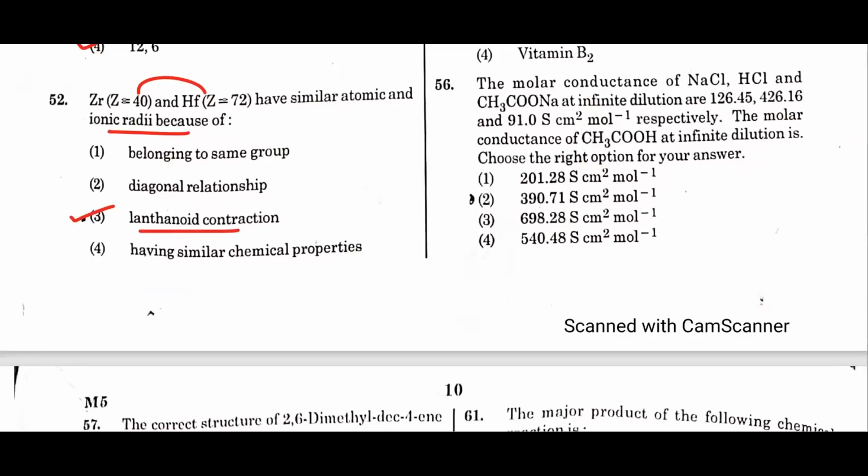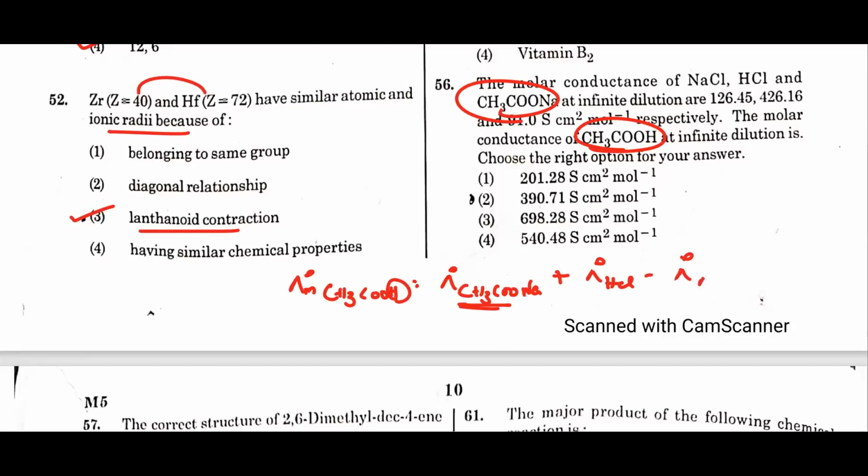And question number 56, they are asking for the molar conductance of acetic acid. Molar conductance of acetic acid is equal to sodium acetate plus HCl minus the molar conductivity at infinite dilution of NaCl.